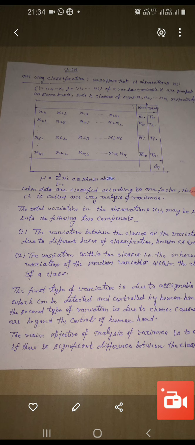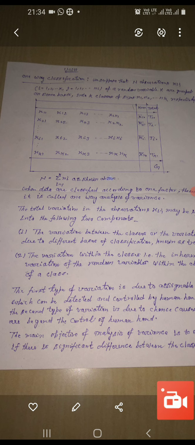That means the variation due to different basis of classification, and this is known as treatment. That means variation between the classes due to treatment. And second is the variation within the classes. That means the inherent variation of the random variables within the observations of a class.